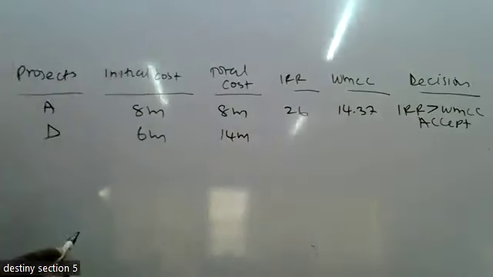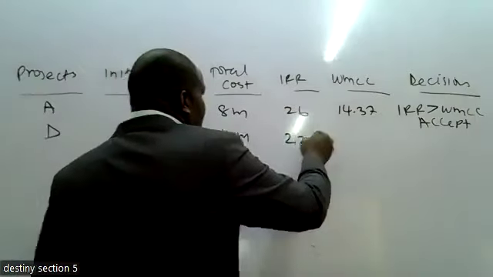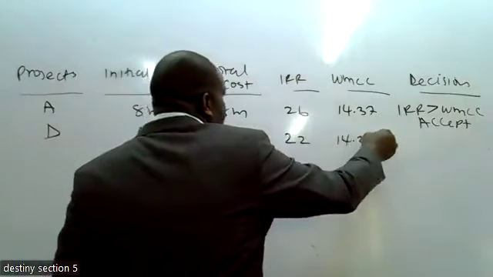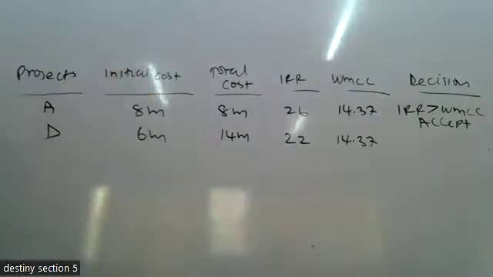So we are still between 0 to 16. The IRR is given. So we are still using 14.37. So that one you also accept because IRR is greater than the WMCC.